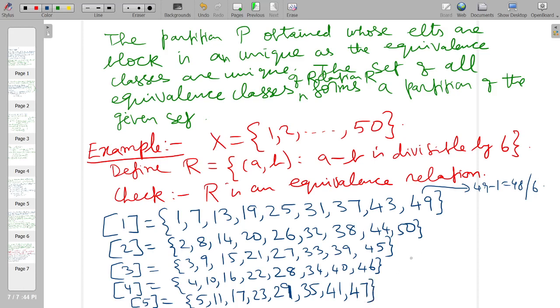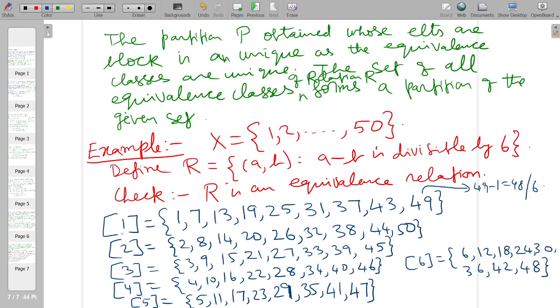And the last equivalence class, of 6, would be 6, 12, 18, 24, 30, 36, 42, and then 48.